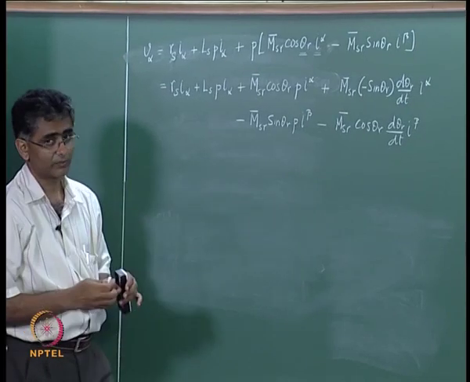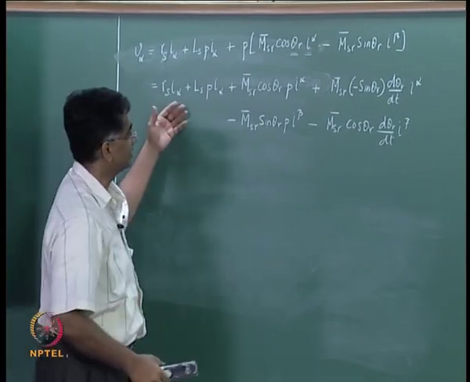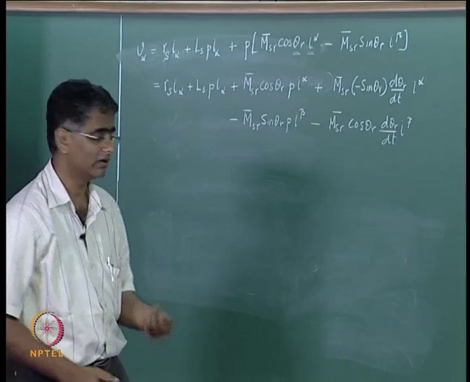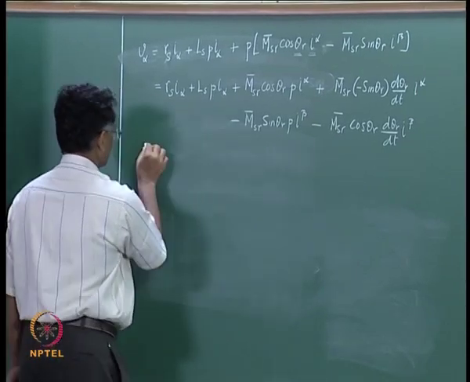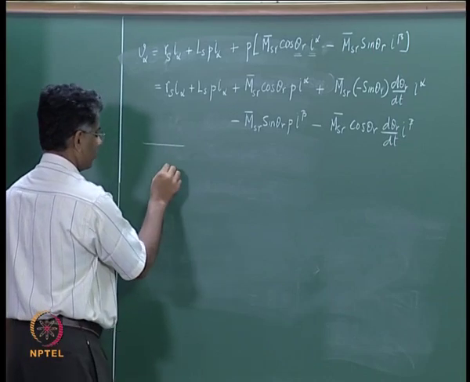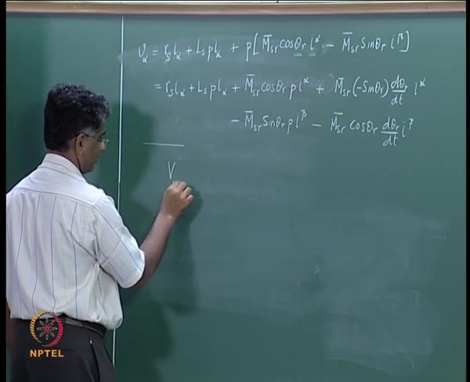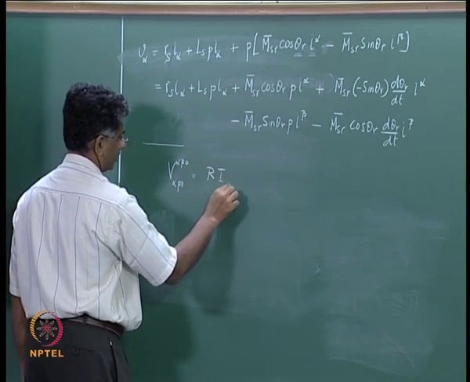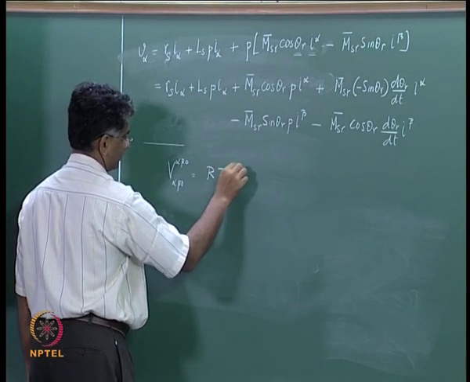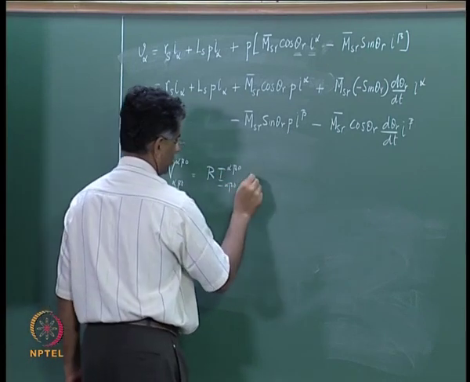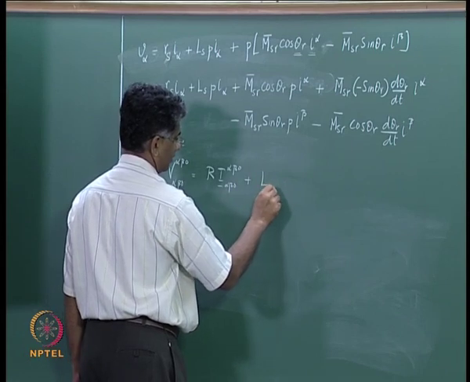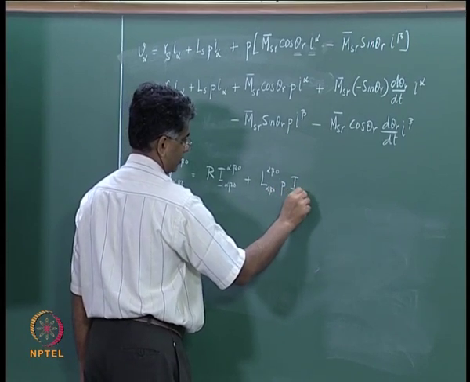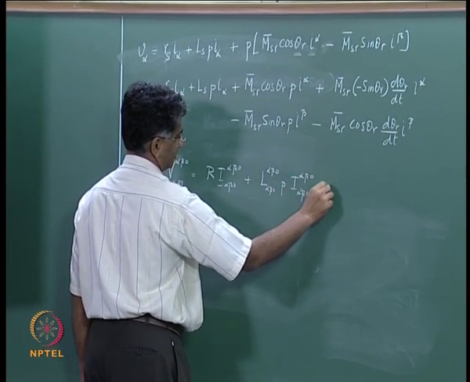And if you look at this expression, you will find that this has the same form as what we had derived in the earlier lecture. If you remember, we had V alpha beta 0 equals R times I alpha beta 0, these are vectors, plus we had L alpha beta 0 P of I alpha beta 0.